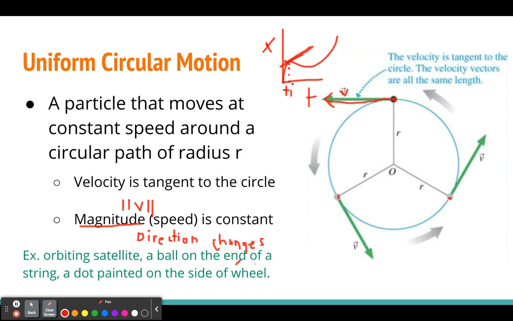In nature, we see this when we have satellites orbiting Earth, or even Earth orbiting the sun. We can basically model that motion as uniform circular motion, which means that this velocity here is constant.